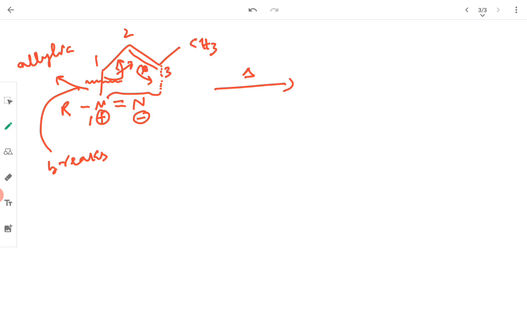So what will be the product? The product will be: you have a double bond here, a single bond here, a single bond here, a CH3 here, nitrogen here, and double bond N here.